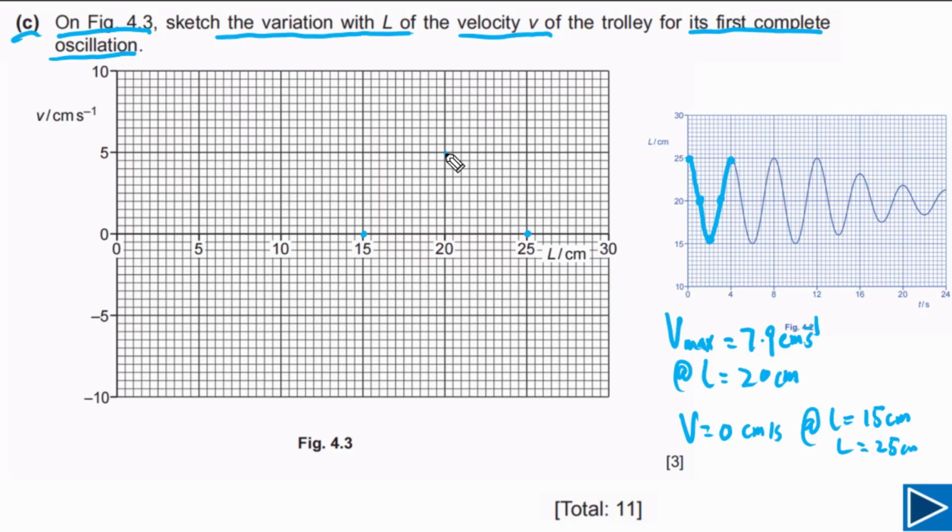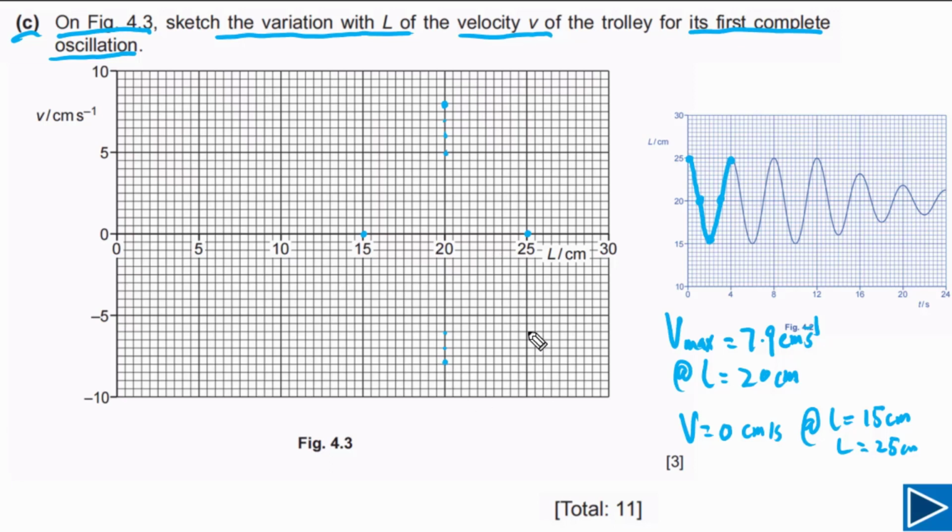This point is 5, this one will be 6, this will be 7, so here will be 7.9, about at this point.